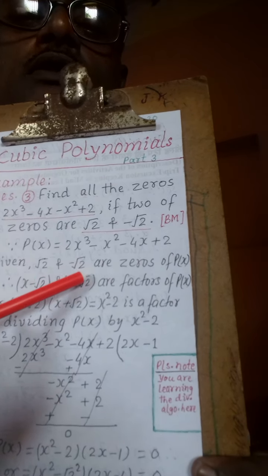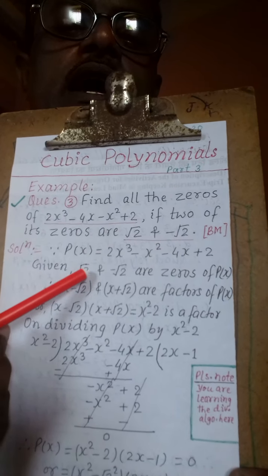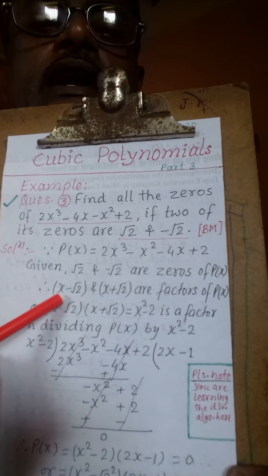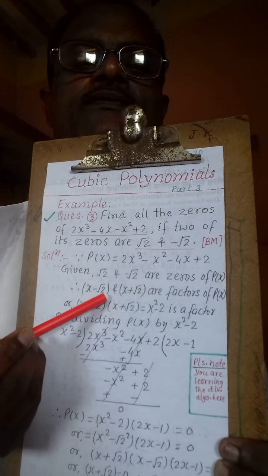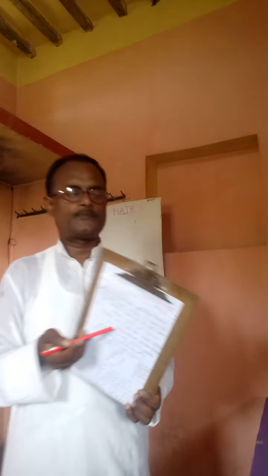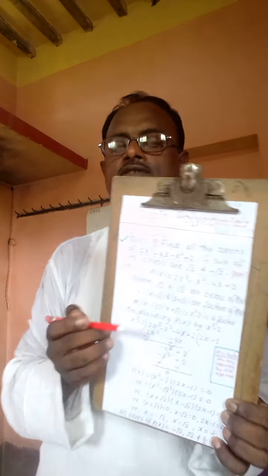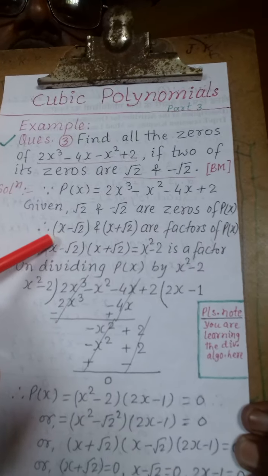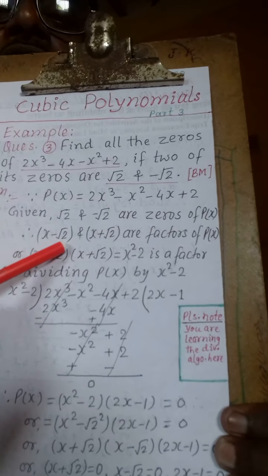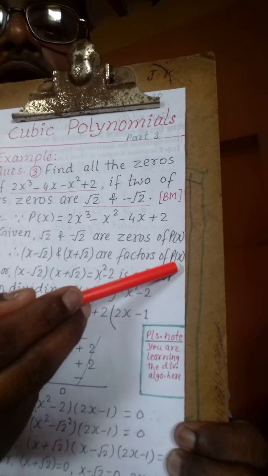Root 2 and minus root 2 are zeros of p(x), so x minus root 2 is a factor, because you know, if the given zero is positive, then it will be written negative with x, and if the given zero is negative, then it will be written as positive with x. So I have written here x minus root 2, and this is negative, so this will be written x plus root 2. These are the factors of p(x).